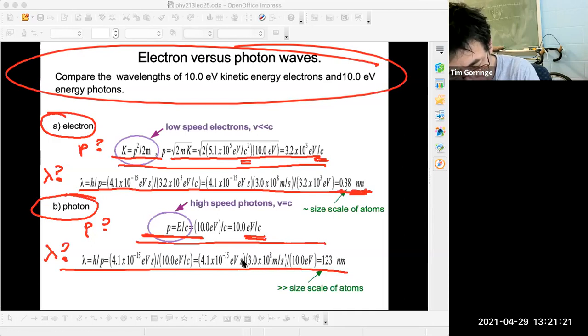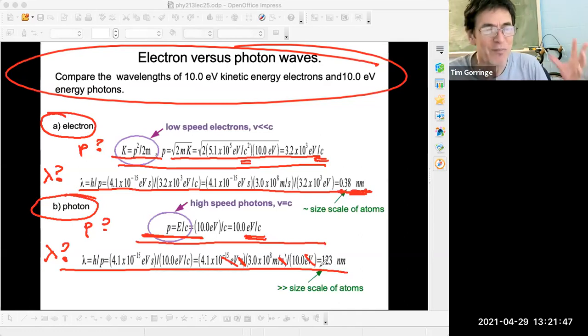Again, the seconds in the speed of light cancel with the seconds in Planck's constant. The electron volts cancel out in the numerator and the denominator, and we're just left with the meters, which is the unit of the wavelength. And now we get 100 Newton meters. Not Newton meters, oh my God. Sorry, nanometers, not Newton meters.